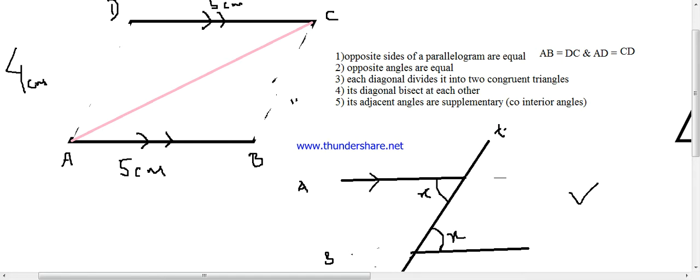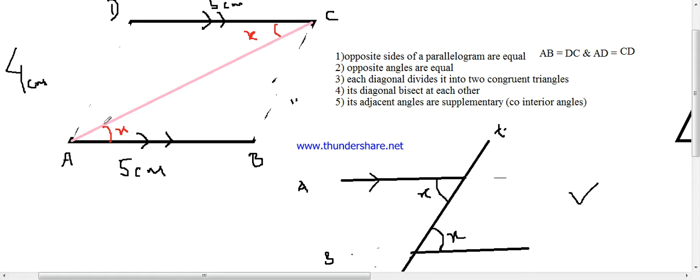Now if this angle is X, then what is this angle? You will say X. Why? Again the same concept, because they are interior alternate angles, and AB is parallel to DC. That concept is applied over here. I hope you have understood.